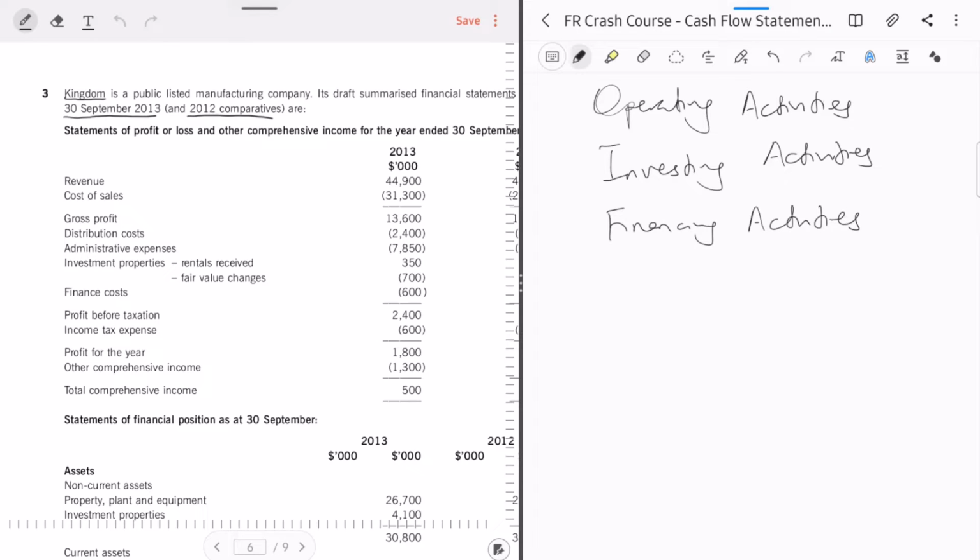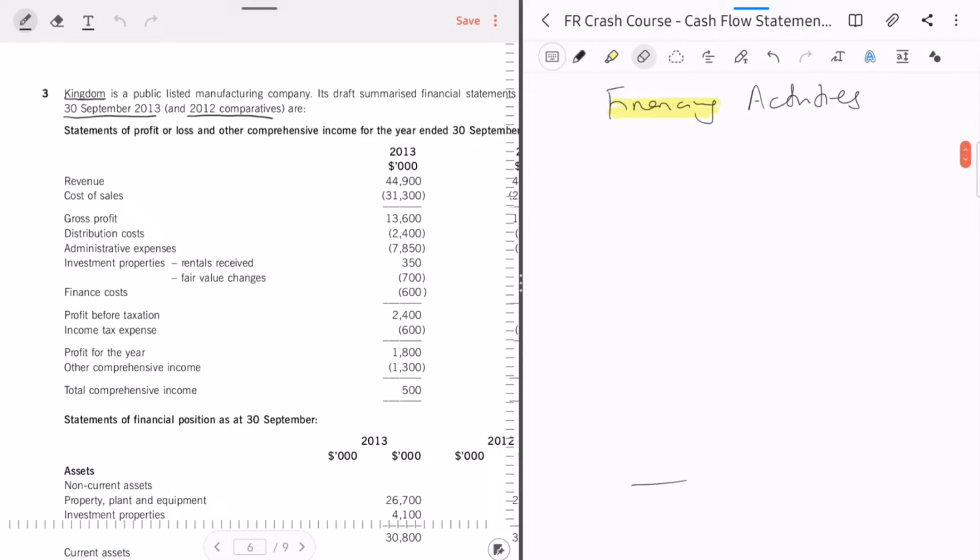So these are the three main cash flow sections we have. If you want to remember, I can just have an acronym, OIF: operating activities, investing activities, and financing activities. So these are the three main sections of the cash flow statement.